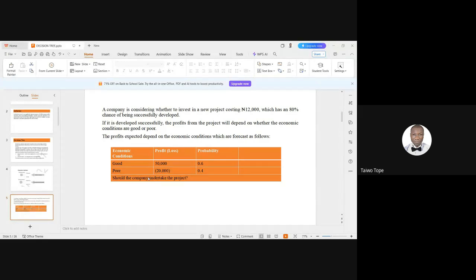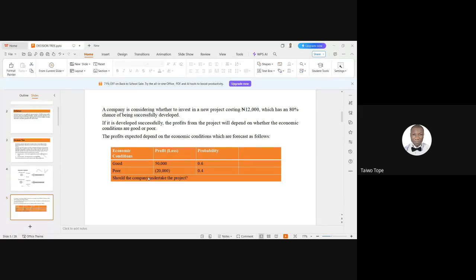Now, please follow the question as it is. In your book, you can do a rough sketch. I have a decision to make. You draw two lines. If it is successfully developed, it's 80%. You draw another one: if it is not successfully developed, it's 20%. Now, if it is developed successfully, you can see another extension.